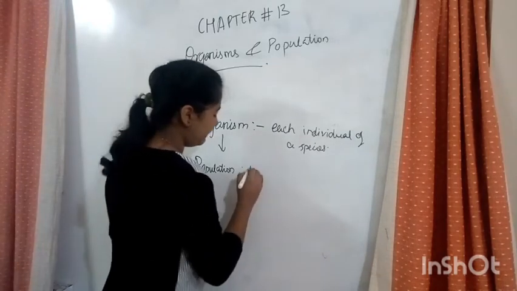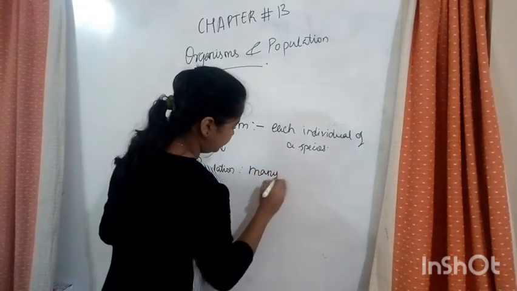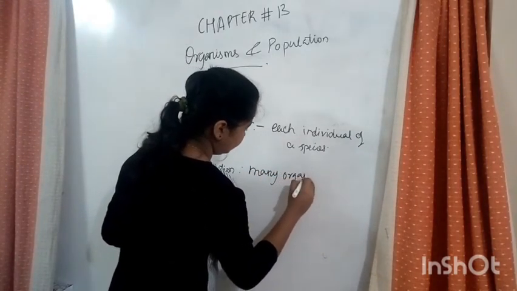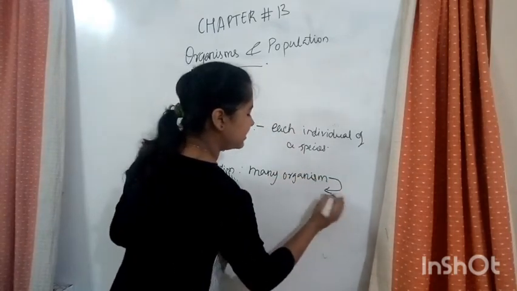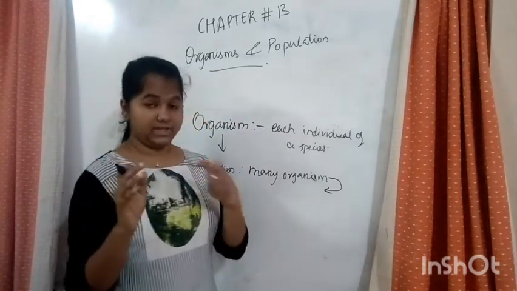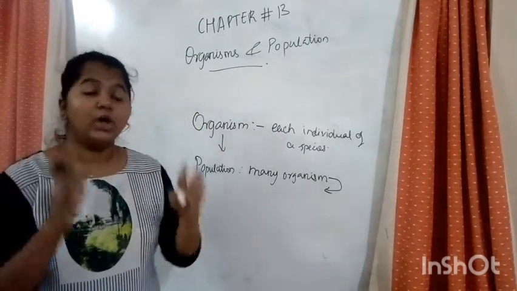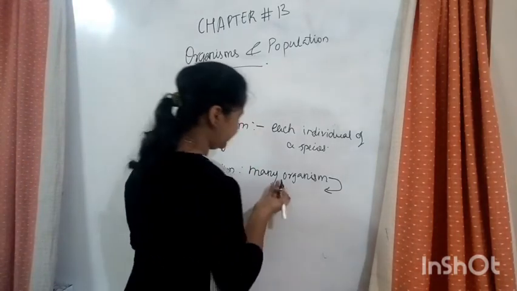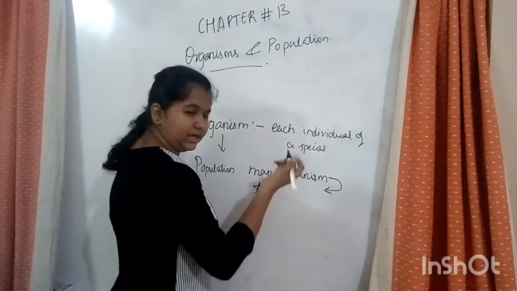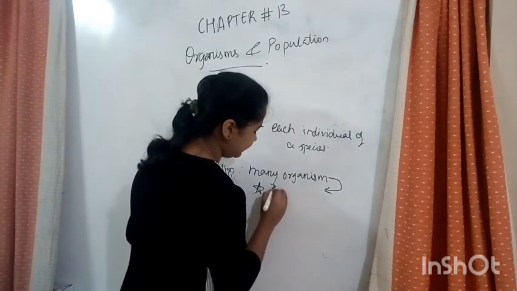So, many organisms come together and what happens? There's a condition. Not every organism, only organisms that can interbreed. I put a star for the condition. Condition is interbreed.